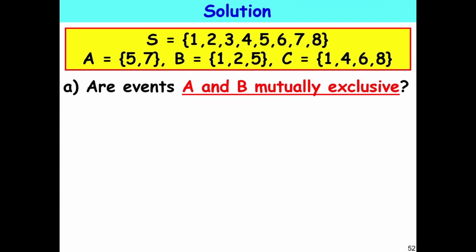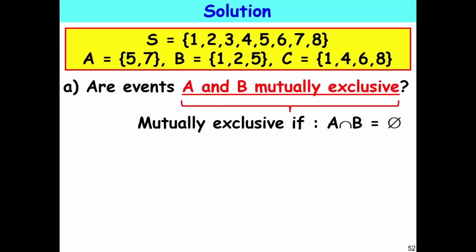Okay, now let's list down all the information. As we know, the sample space is the integers from 1 until 8. Part A. Events A and B are mutually exclusive events when they have no intersection. But there is a common element inside A and B, which is 5.